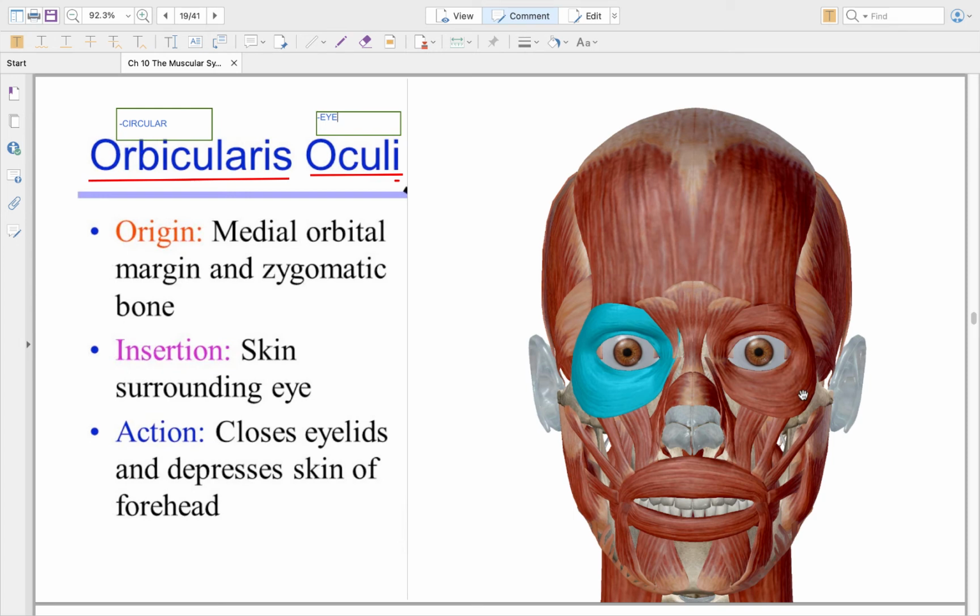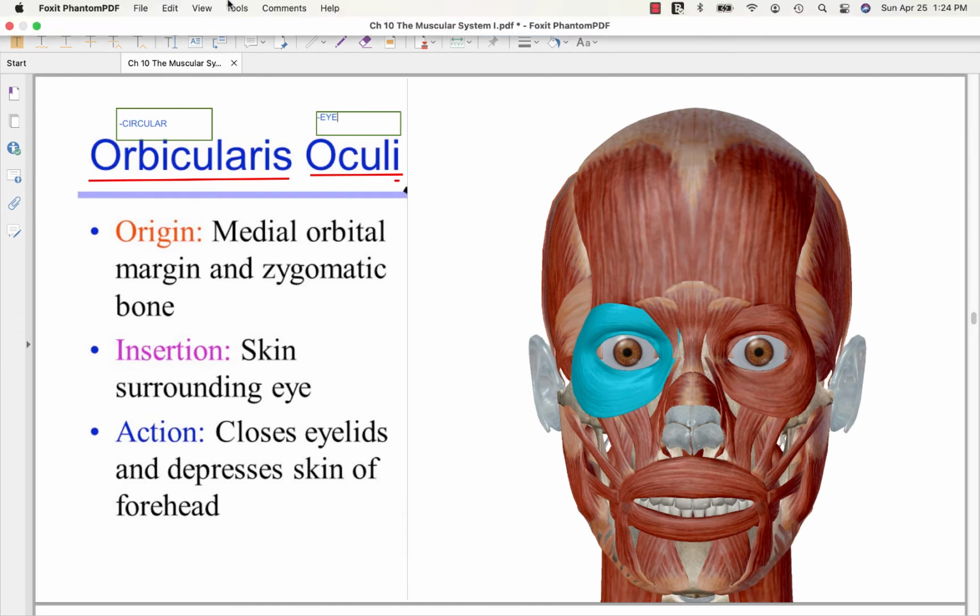We can't actually see the orbital margin, but it's connected, and the zygomatic bone is mostly covered, but it's over here. This is a circular fascicle shape, of course, and it inserts into the skin around the eye itself. It is responsible for blinking and closing the eyelids. It depresses the skin on the forehead as well, meaning it pulls it down.